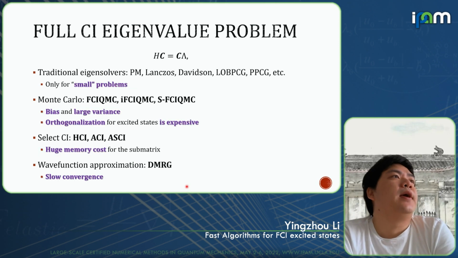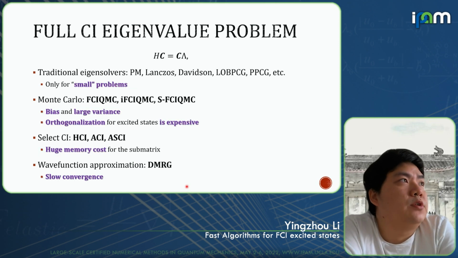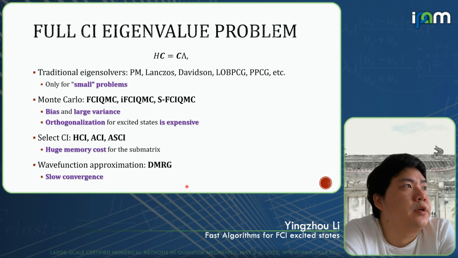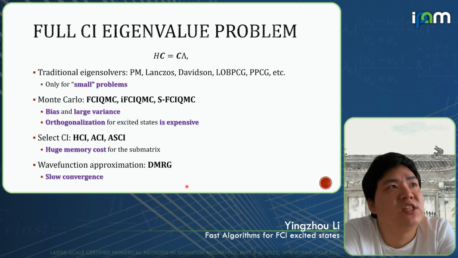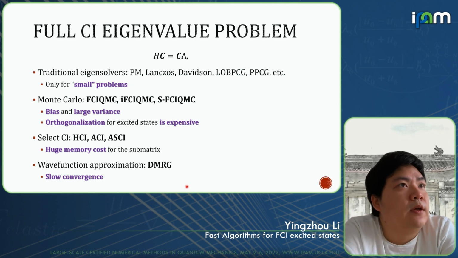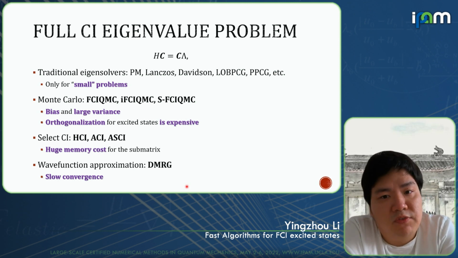Of course, there are many existing works to address such an eigenvalue problem. From numerical linear algebra, there are traditional eigensolvers, for example, the power method, Lanczos, Davidson, LOBPCG, and PPCG. These methods are well known in the DFT world because they are efficient.